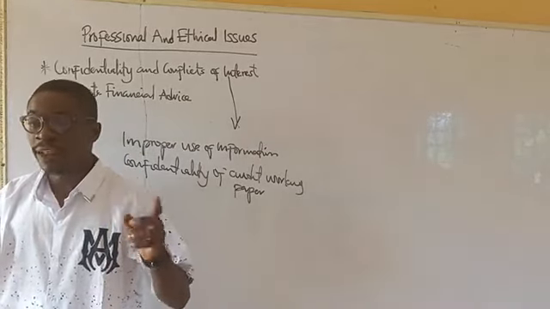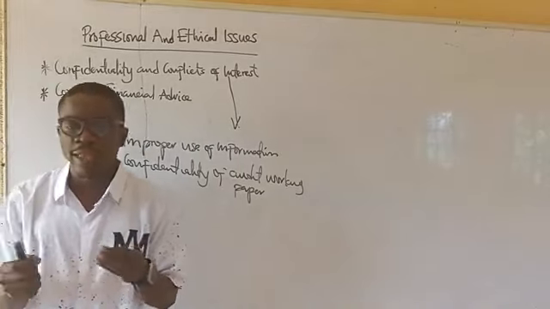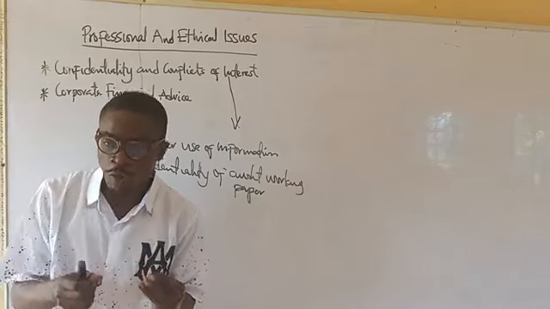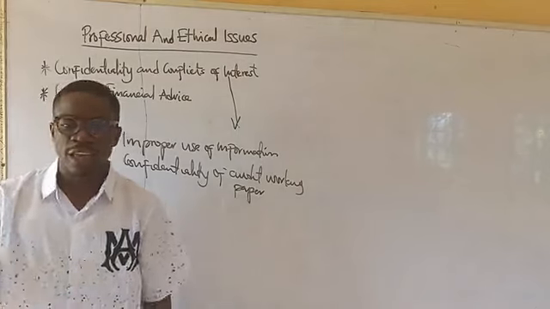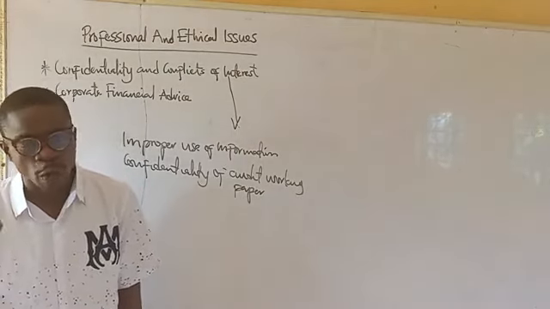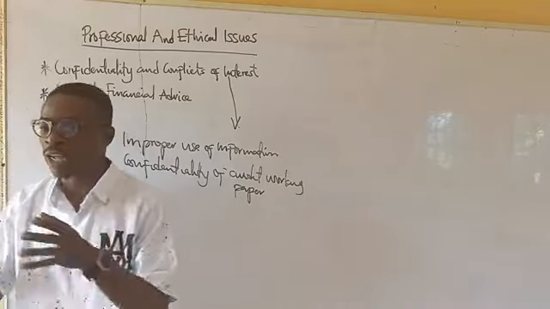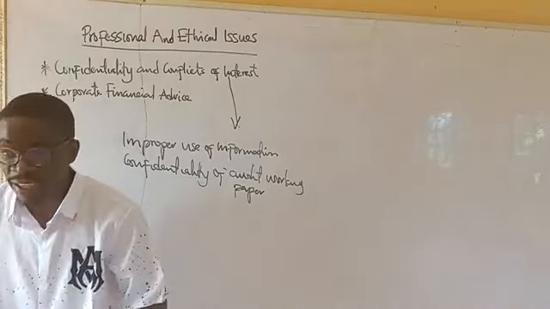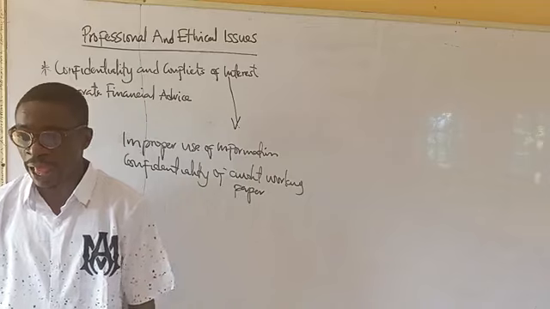When an auditor is handling two clients and there is a possibility that the information of one client can be linked to another client, what they are saying is that if he can do everything possible to ensure that the confidentiality of each of the clients is kept intact, he can still provide services to both clients.